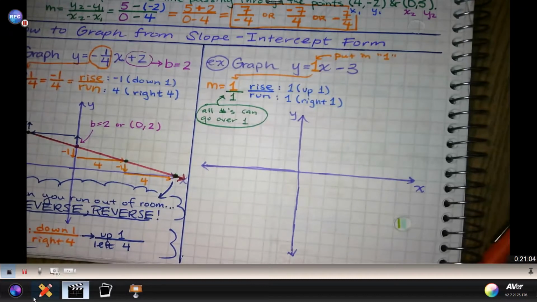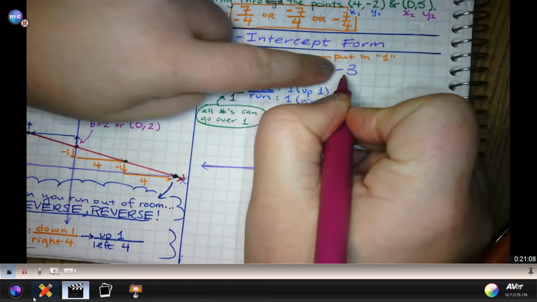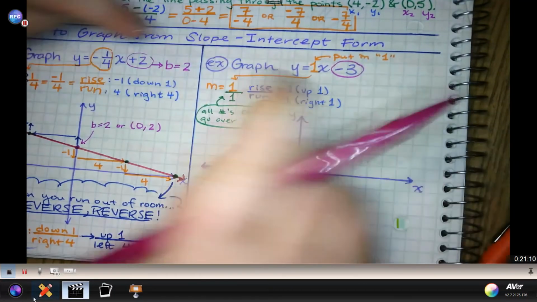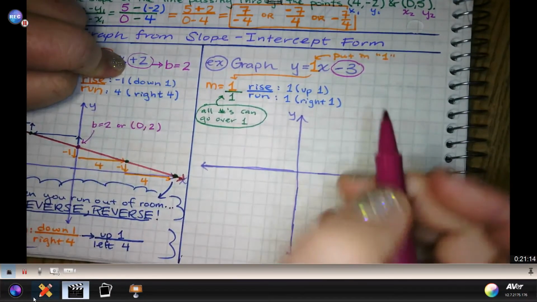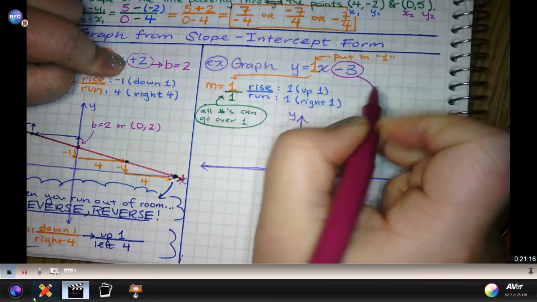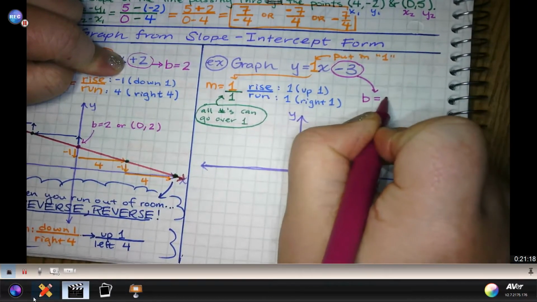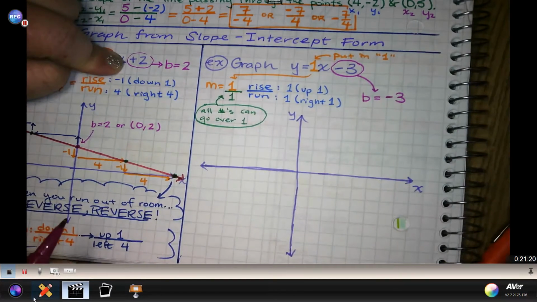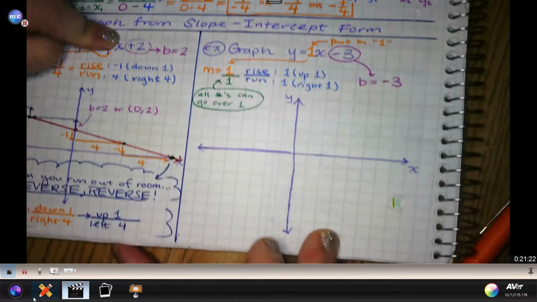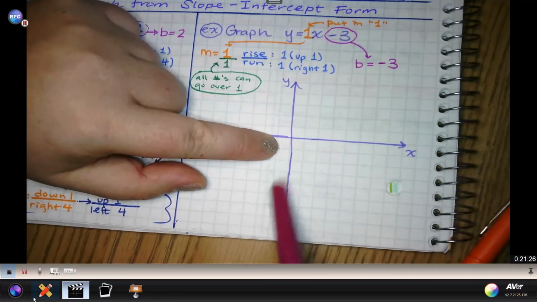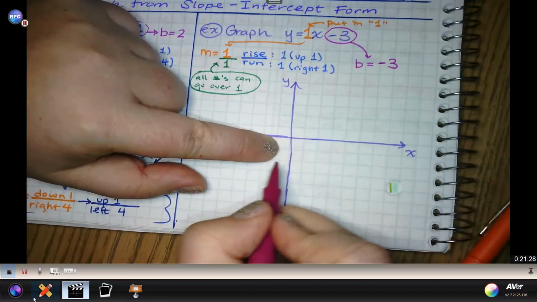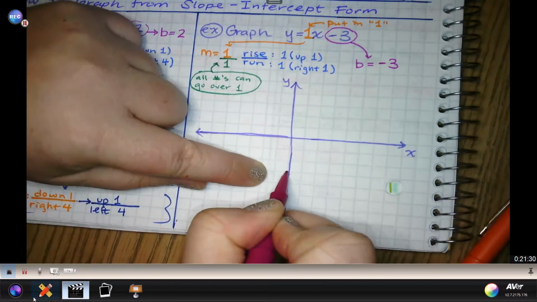And now the tricksy part here is for the B value where we begin. You can't ignore this negative. Over here, I included the positive 2, but I didn't have to talk about it. That's easy. But here, if there's a negative, you need to make sure to include it in our B value. So that means I need to come over here to our y-axis and go to negative 3. 1, 2, 3.